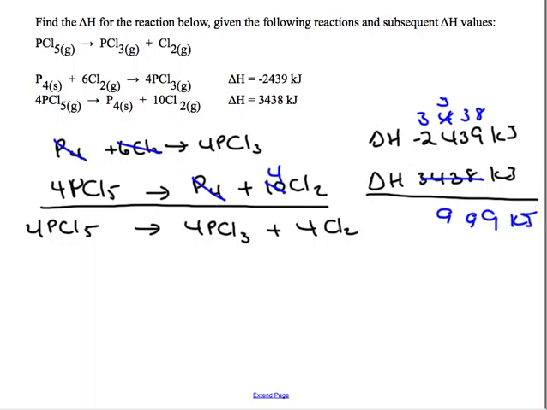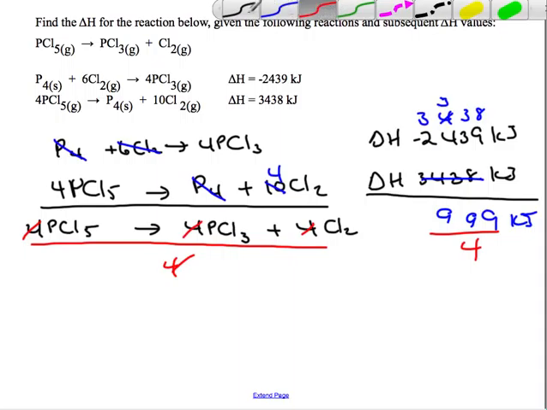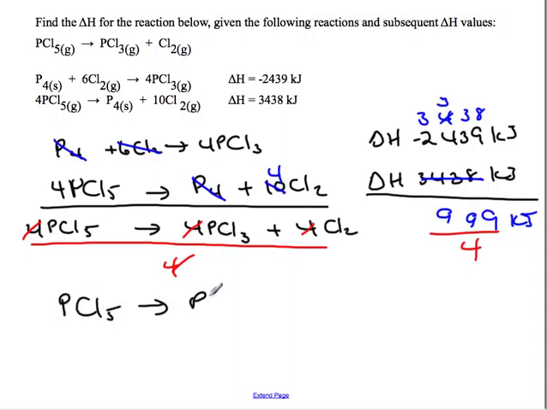Now notice that at the end, there is a coefficient of 1 in front of these, but these are 4. So what I have to do is divide this whole thing by 4, and because I divide all this by 4, I have to divide this by 4 also. So the new equation, to be correct, would be PCl5 makes PCl3 plus Cl2.